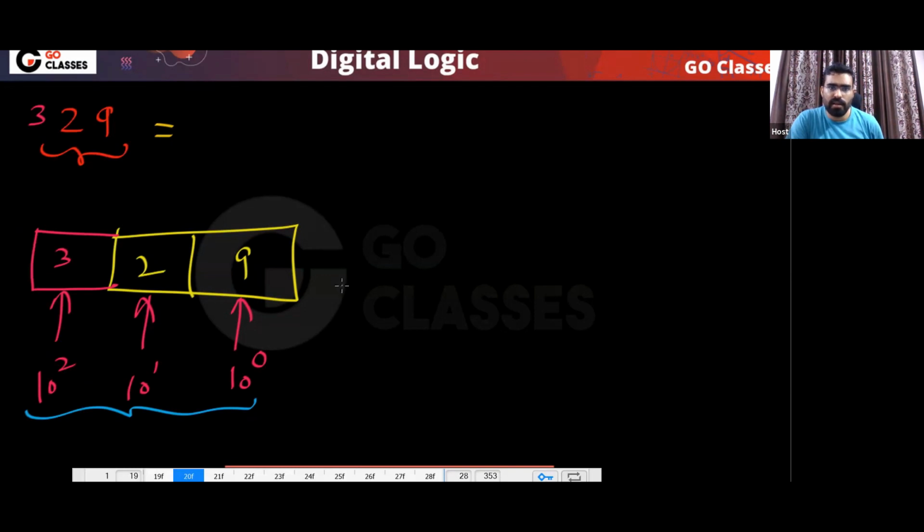Is this clear? I hope this point is clear. From where is this weight coming? This symbol you will use after 100 numbers, and this symbol you will use after 10 numbers. So that is the reason this weight is coming.